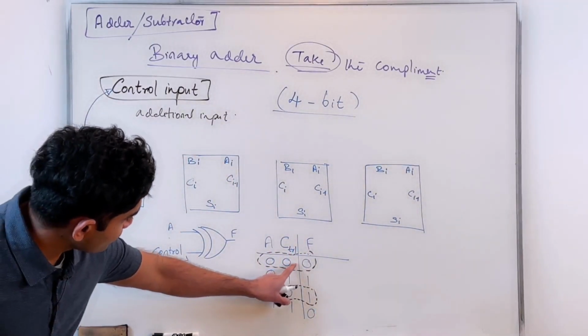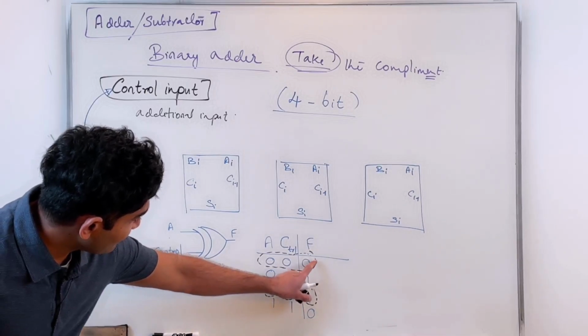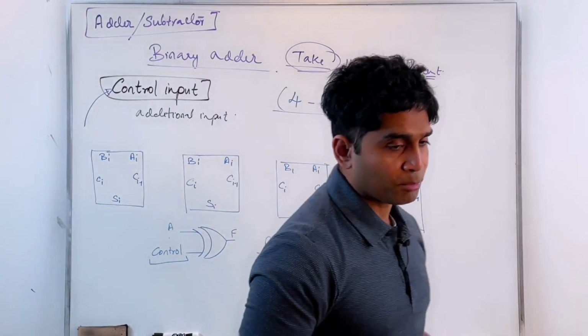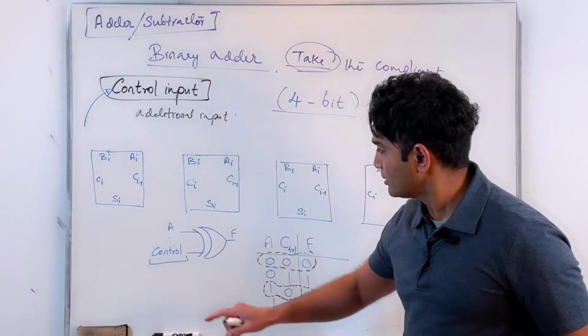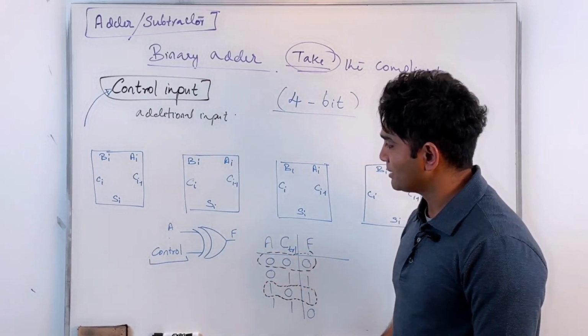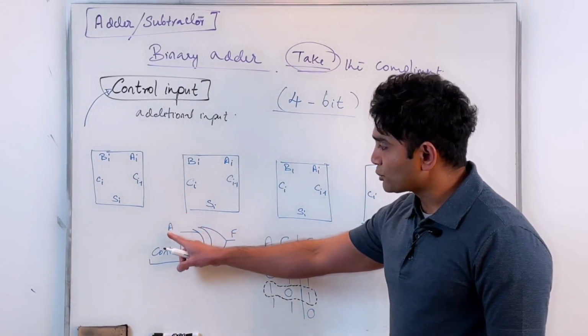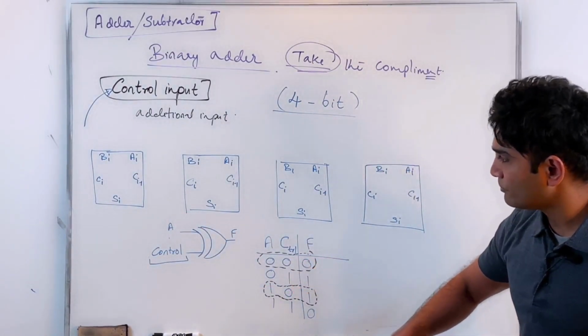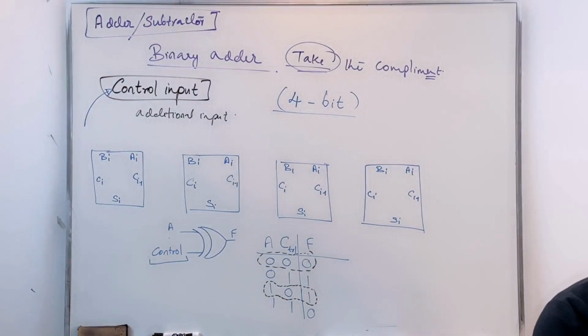My control is 0. What can you say about F, the output of this XOR gate, as a function of the other input A? If I fix my control to be 0, what can you say about F in terms of A?